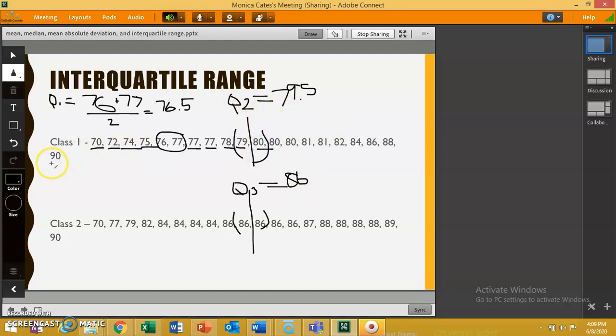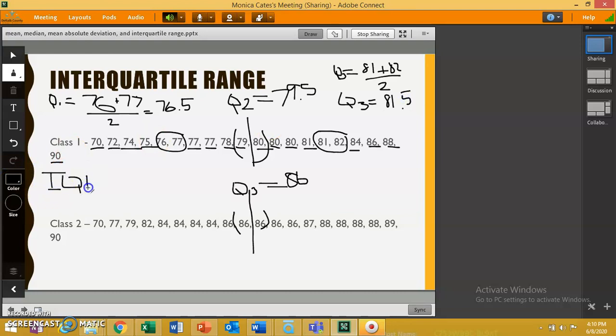This is 1, 1, 2, 2, 3, 3, 4, 4, and I have these two right here in the middle. So my Q3 is 81 plus 82 divided by 2, which is 81.5.